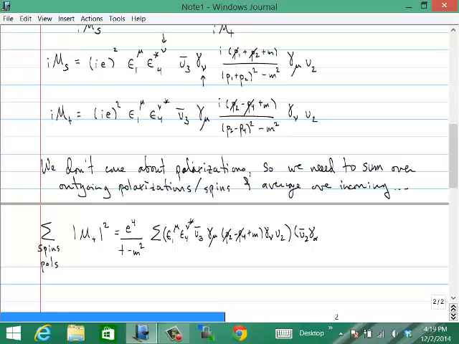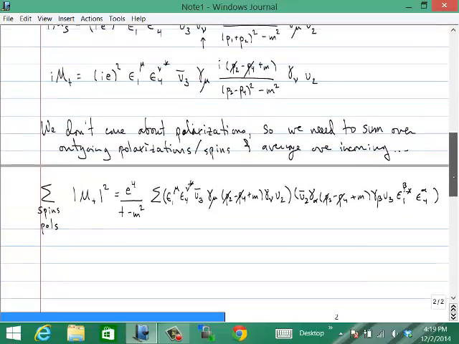So I'll call that gamma alpha, and then you have a p2 slash minus p4 slash plus m, and then a gamma beta, and u3. We need to be careful now. The alpha index is going to be contracted with epsilon 4, and the beta index is going to be contracted with epsilon 1. And I have to complex conjugate those epsilons because I'm calculating Mt complex conjugate.